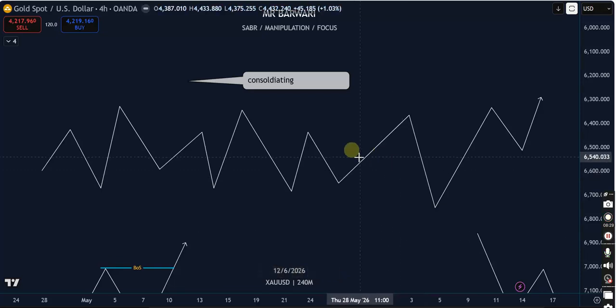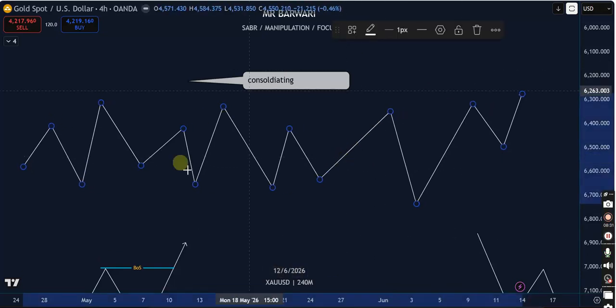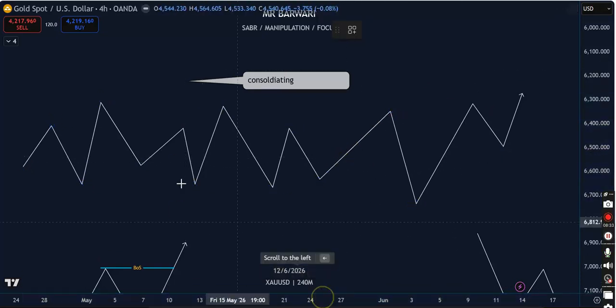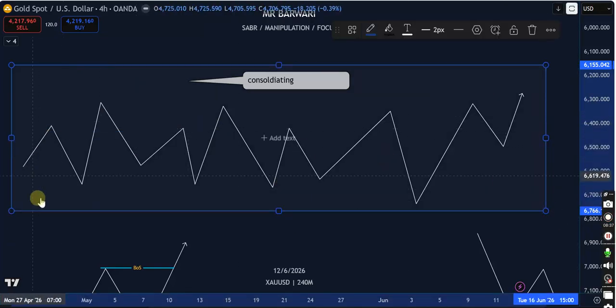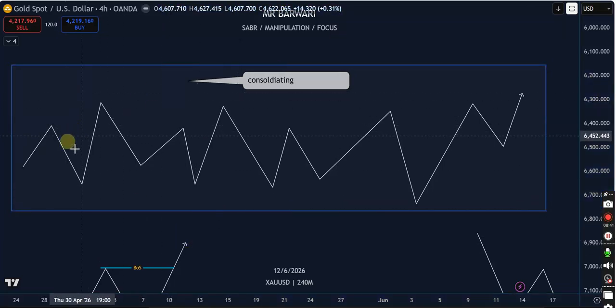This is a consolidation phase where we are just stuck inside a range and accumulating. We are only accumulating right here, and it's a dangerous place to be inside. Here we are not going anywhere. We are breaking structure up, we are coming down, we are stuck inside this, we can't take this high.